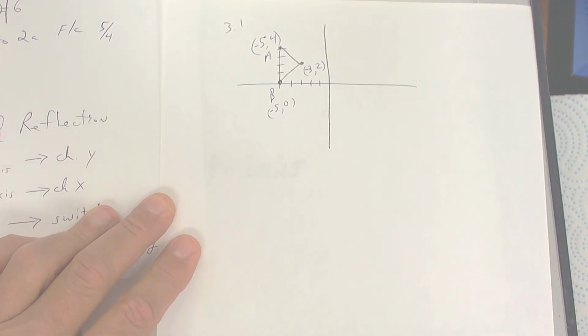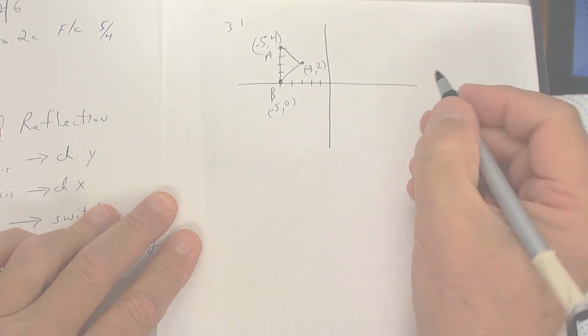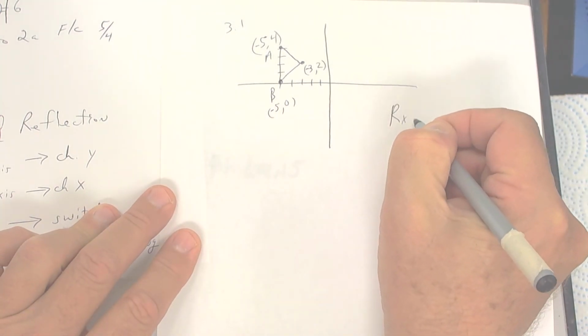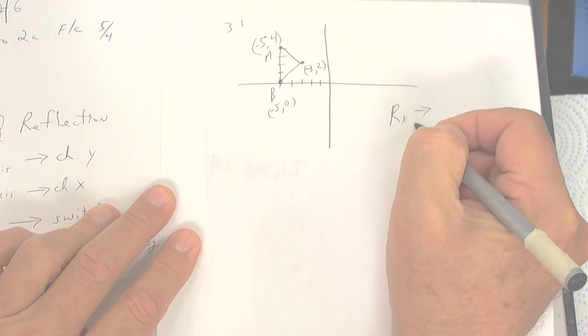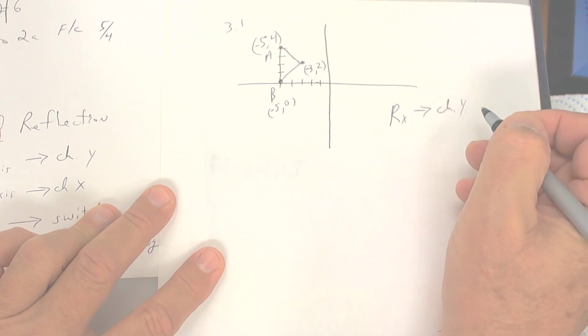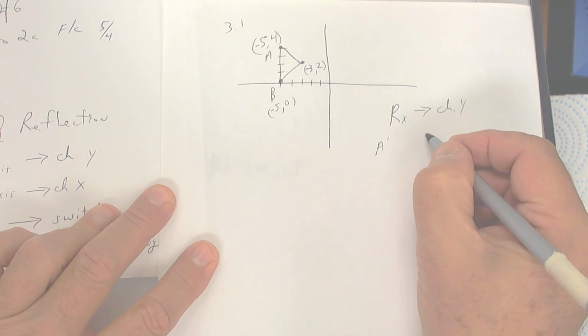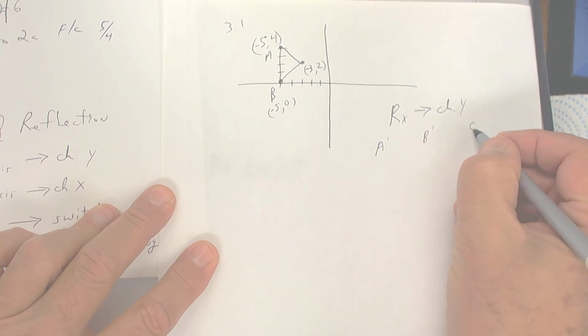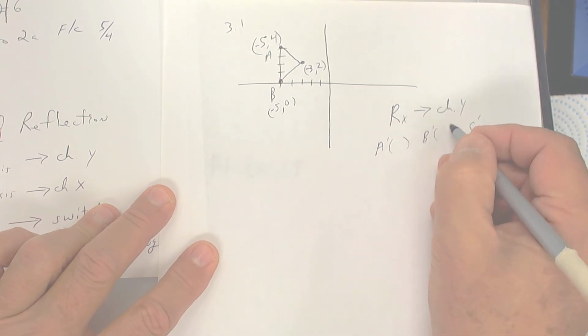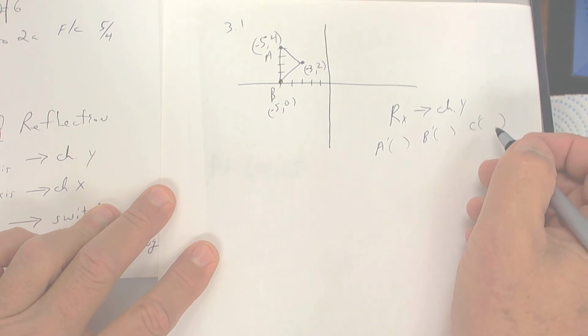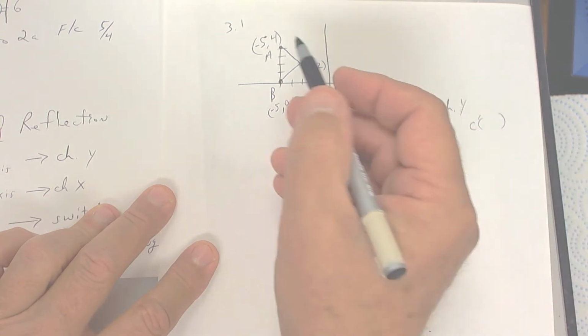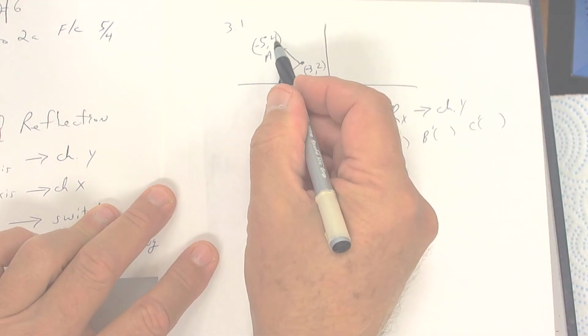All right, now we're going to reflect it. Let's reflect it over the x-axis. If you reflect it over the x, you change the y. So your new points are going to be A prime, B prime, and C prime. Write that down. So all you do here is change the y. So for A, you would change this to a negative.